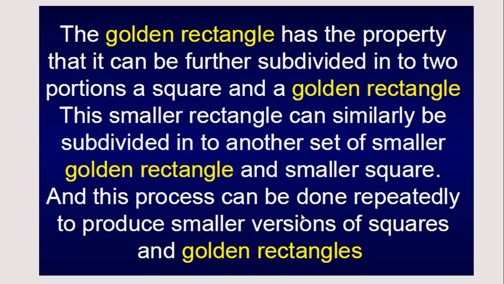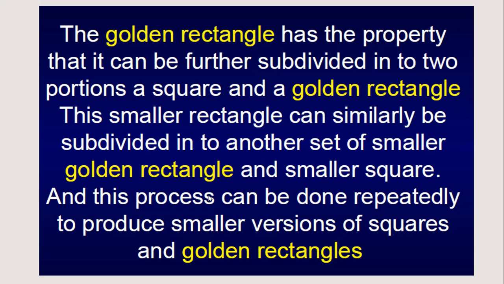The golden rectangle has the property that it can be further subdivided into two portions, a square and a golden rectangle. This smaller rectangle can similarly be subdivided again into another set of a smaller rectangle and a smaller square. And this process can be done repeatedly to produce smaller versions of squares and golden rectangles.